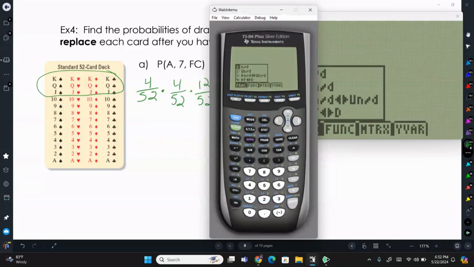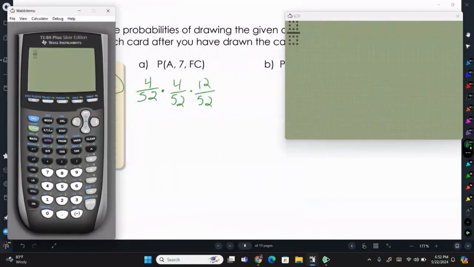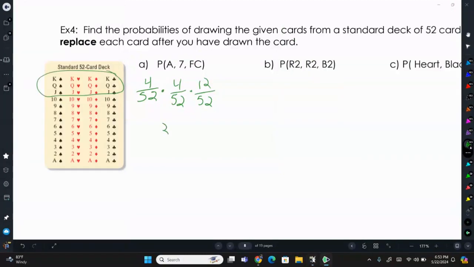So we literally just type in these fractions, 4 out of 52 times 4 out of 52 times 12 out of 52. And we get 3 over 2,197. And the nice thing is we don't have to worry about reducing the fractions if we use our calculator.